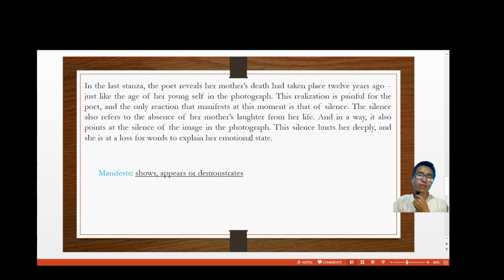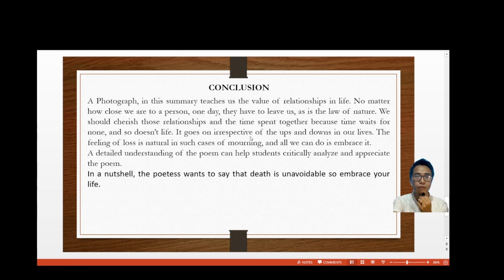So she's sentimental, nostalgic, sad, emotional, and therefore she's silent because she's not able to speak anything, and she's just showing all of these emotions through her silence only.